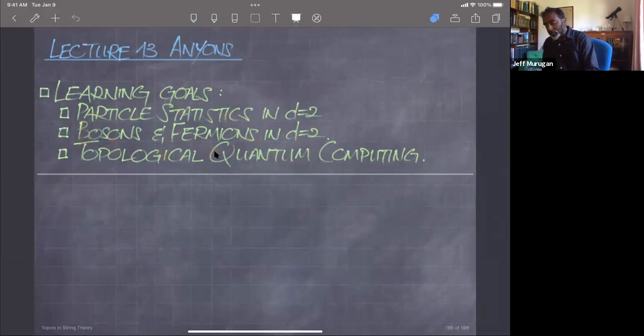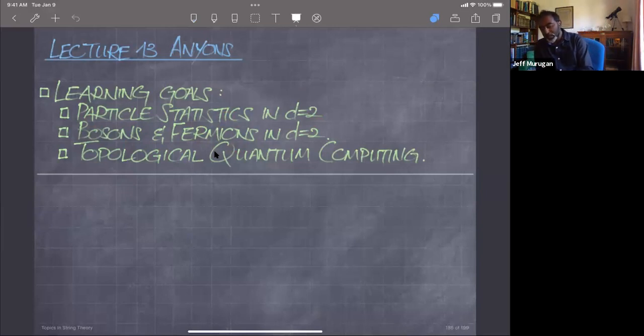And then we'll go down one dimension to D equals 2. D, little d, is the number of spatial dimensions. So we'll go down to D equals 2 and look at particle statistics there. In particular, we'll examine the concept of fermions and bosons in D equals 2, and we'll show that it's slightly less meaningful in two spatial dimensions.